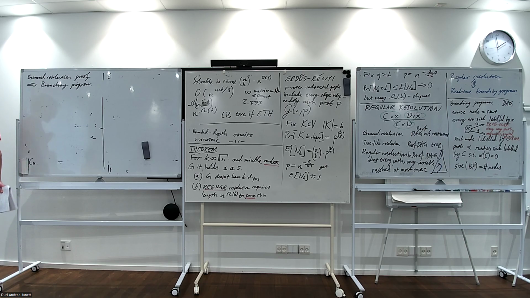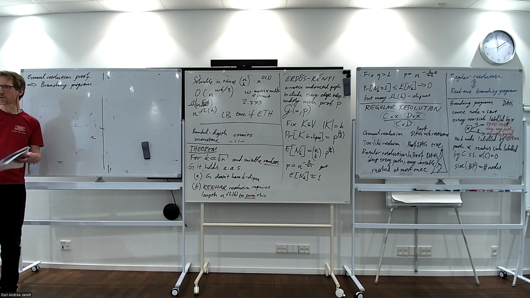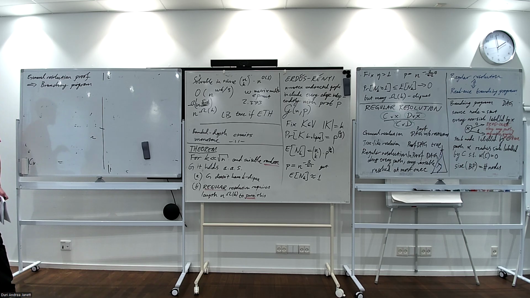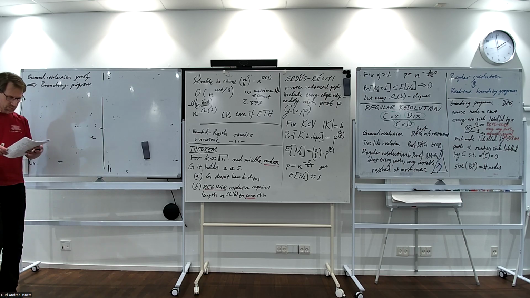Right? Great. Except branching programs are super strong. So this doesn't work. Branching programs are much more powerful in general than resolution proofs. That's bad news.